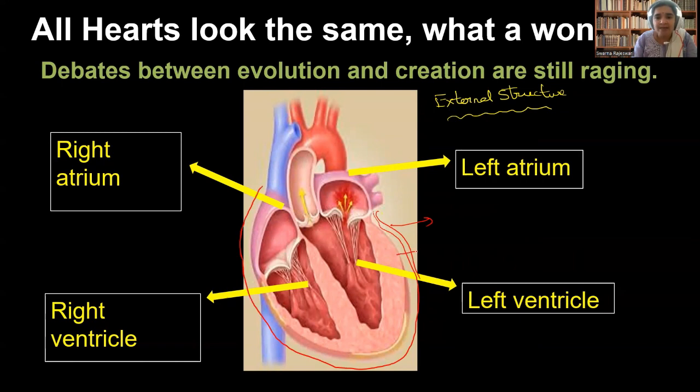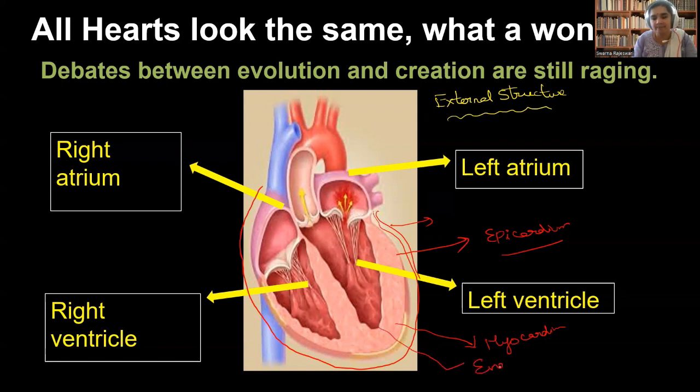The outer covering of the heart we call the epicardium. All the names related to the heart, we call them cardium. Below the epicardium there is a muscle layer, which we call the myocardium, and the innermost layer of the heart we call the endocardium.